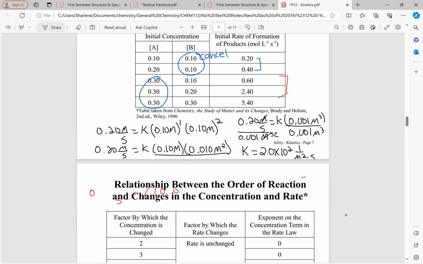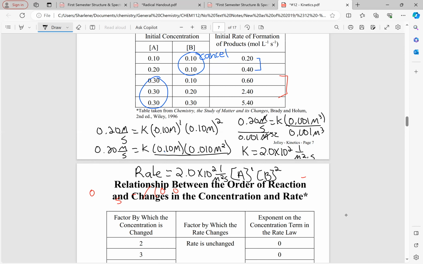All right, here's the complete rate law. The rate is equal to 2.0 times 10 to the second, 1 over M squared seconds, A, and it was to the first, and B was to the second.